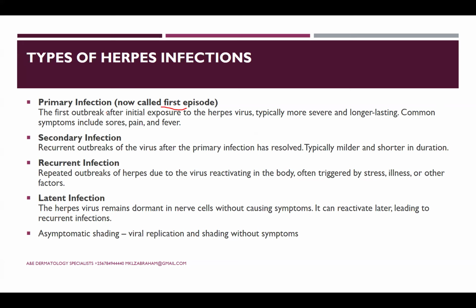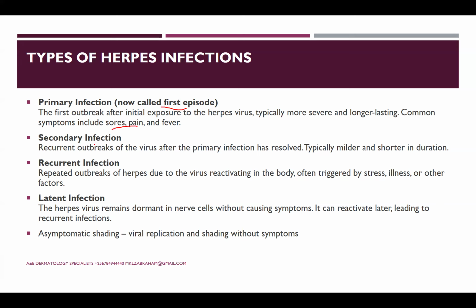In the primary infection, the individual is naive and has never had any herpes infection. In these cases, you can have symptoms, or you can go asymptomatic. If you get symptoms, they can include sores, pain, or even a fever.